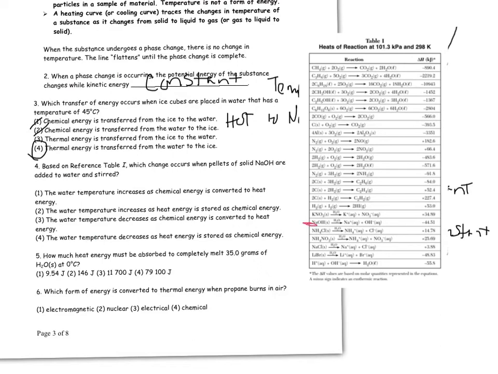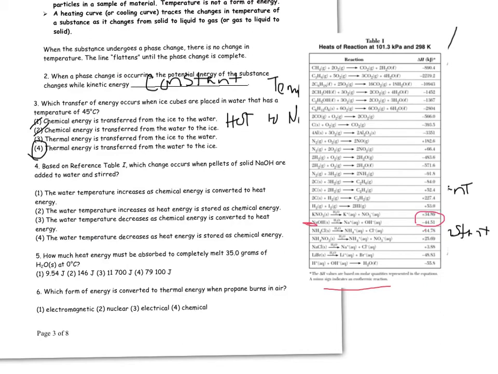So we can see that that reaction is here, and some information on the reference table is given over here, this delta H value, and we see that this value is negative. Now when I read down here, it tells me that the minus sign indicates exothermic. So we know that this process is exothermic. Now the word exothermic, exits, means heat energy is exiting the particles.